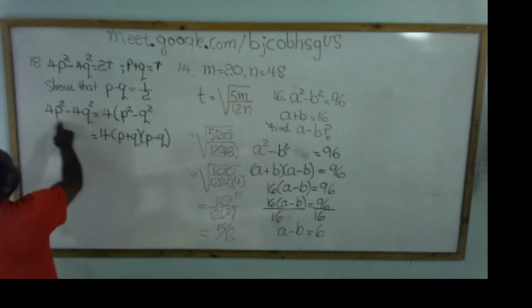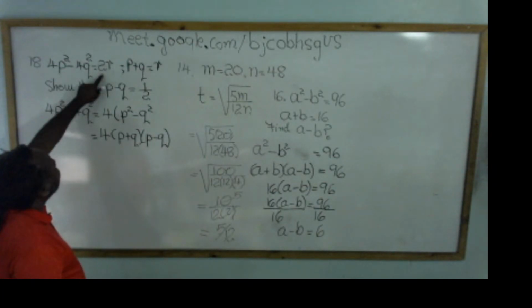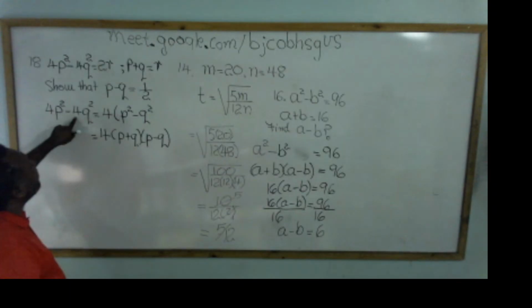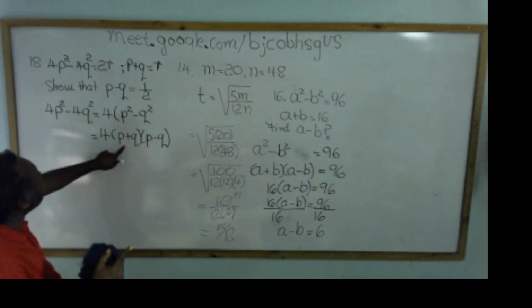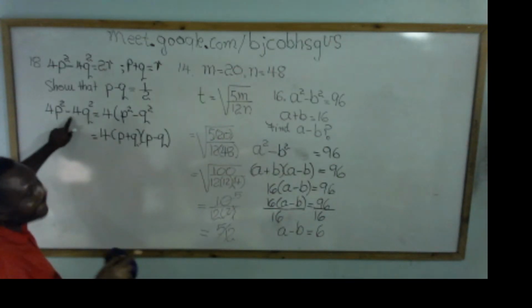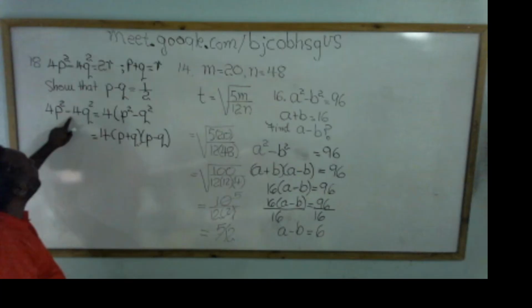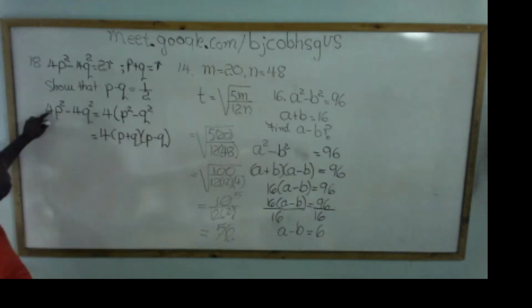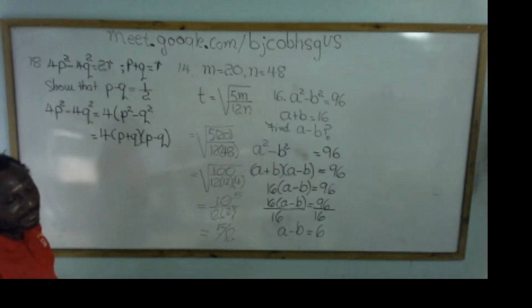Because this is what we have, and they say it is 2r. But this should be most appropriately written like this. Because they are depending on you not only to see that this is a difference of 2 squares, but they are also depending on you to recognize that there is a common factor of 4 that you should take out before factorizing the difference of 2 squares.